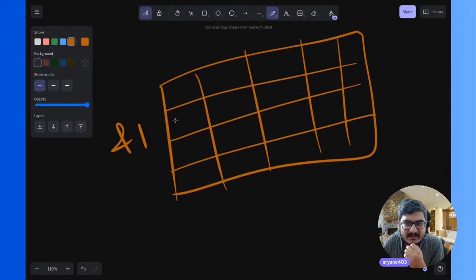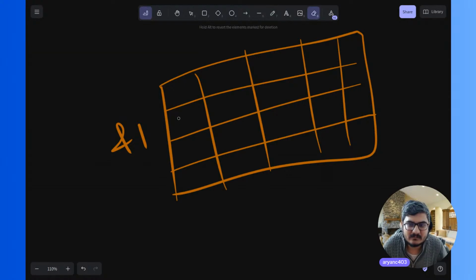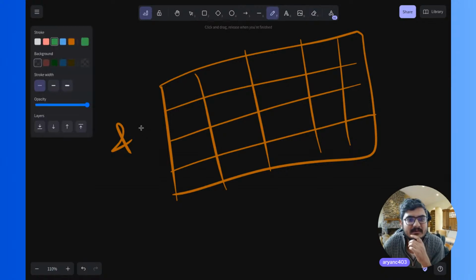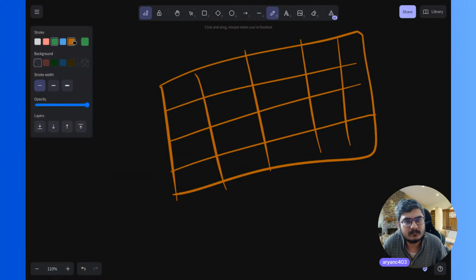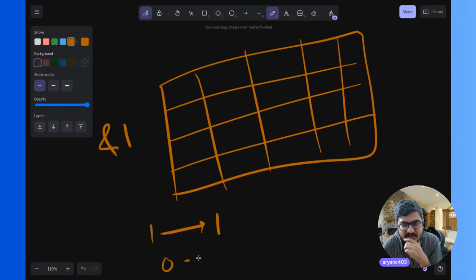Doing with AND 1, 1 remains 1, 0 remains 0.